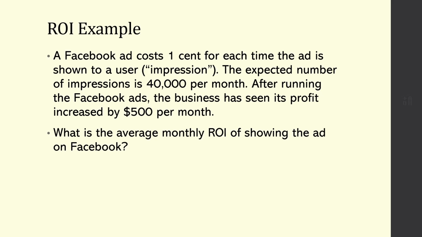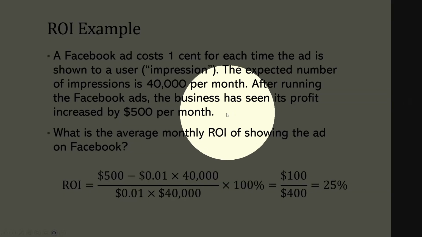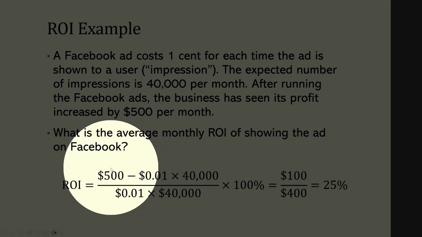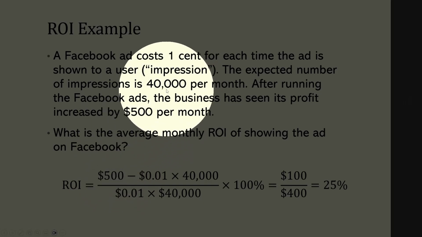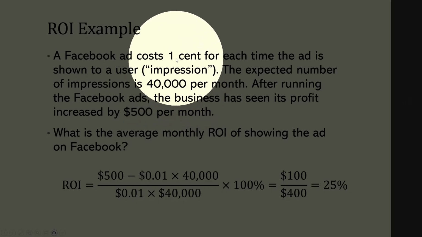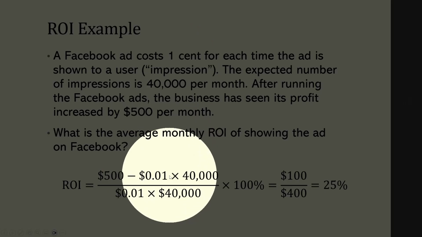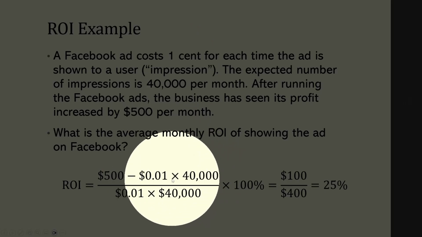The calculation of ROI here is as follows. So here, 500 is the actual profit generated from running the ad. And the total cost or the total investment here is 40,000 impressions at 1 cent per impression. So that would be 1 cent times 40,000. This gives you $400.